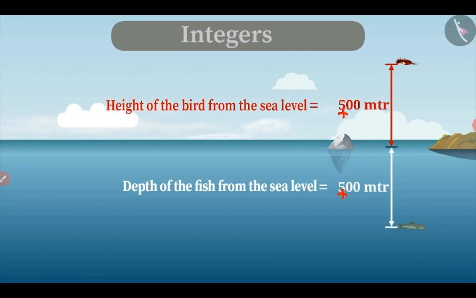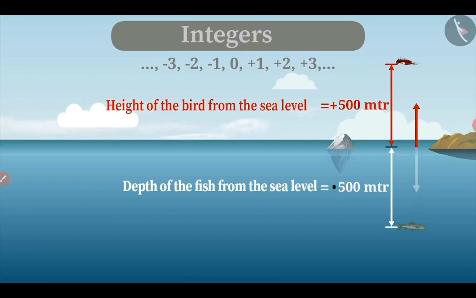The bird is above the sea level, whereas the fish is below the sea level. Since whole numbers are incapable of representing this kind of situation, we use integers. In this case, the height above sea level is represented with a positive sign as plus 500 meters, and the depth below the sea level must have a negative sign such as minus 500 meters. It is now quite clear that plus 500 meters means 500 meters above the sea level and minus 500 means 500 meters below the sea level.